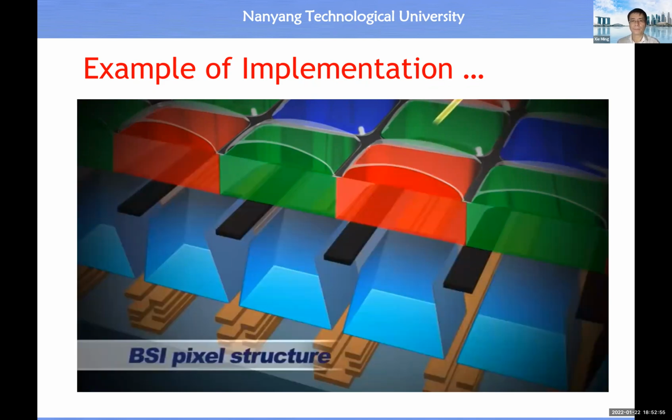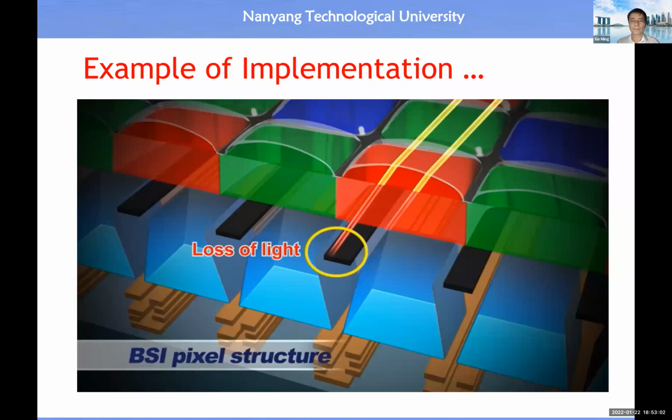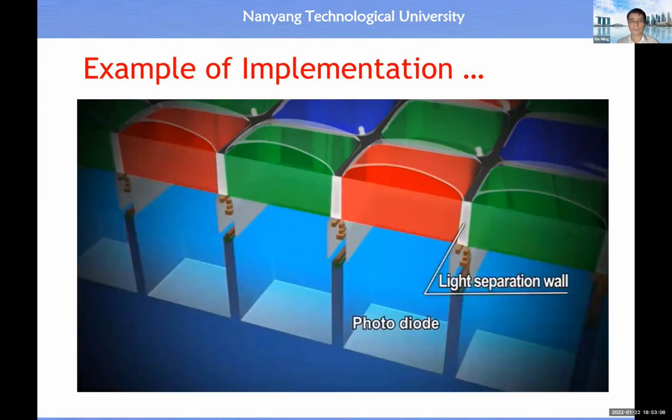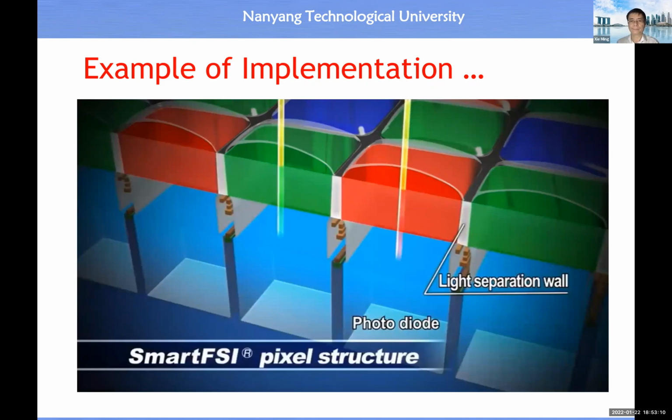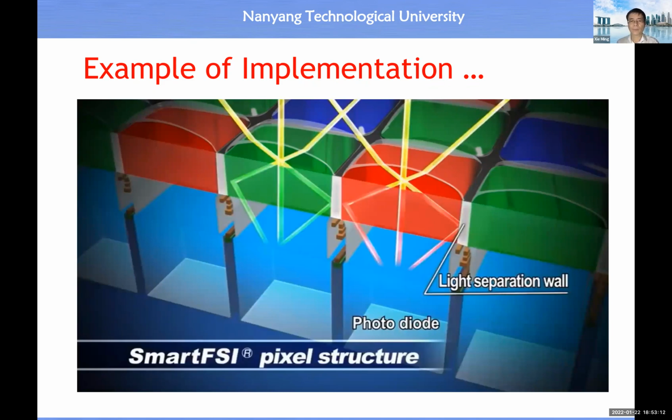Within BSI sensor technology, loss of light is generated in the photodiode, thus creating color mixture and light inefficiency. In the case of Smart FSI, the light separation wall surrounding the pixel works as a reflector and forces the uniform light into the photodiode. As a result, it demonstrates strong color reproductivity and super sensitivity.